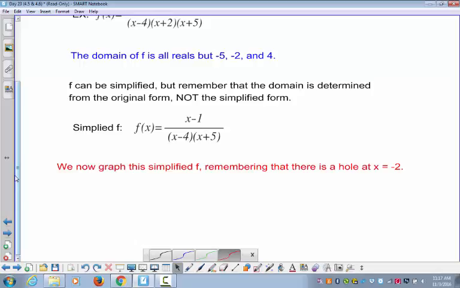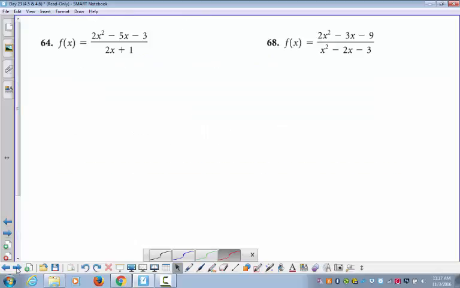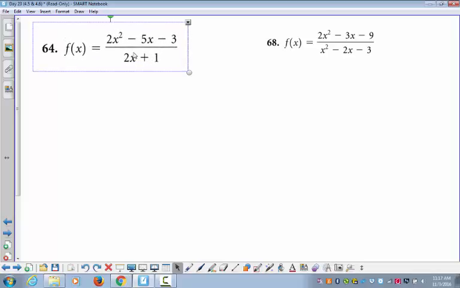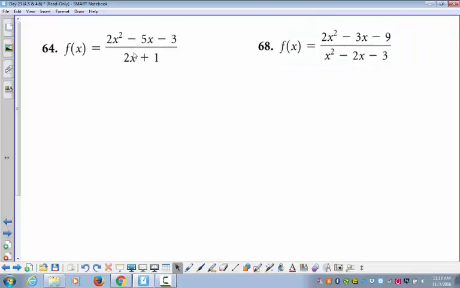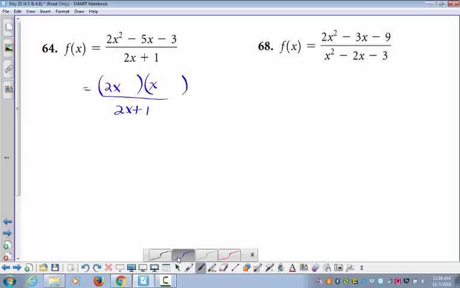Okay, so let's graph this one right here. Graph these two guys. So it's important to factor because you can't tell unless you factor whether there's a hole or not. This numerator here factors into, looks like +1 and -3. All right.